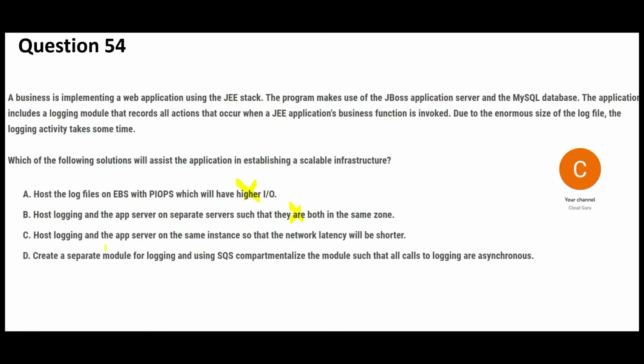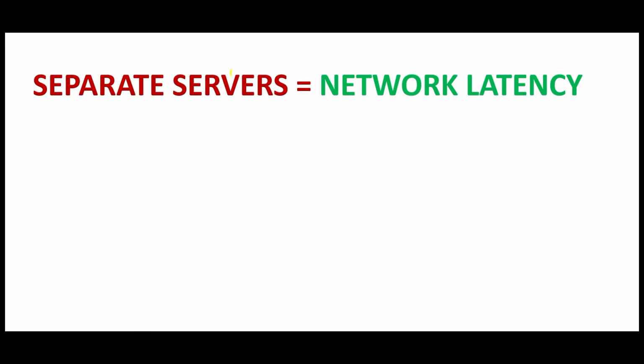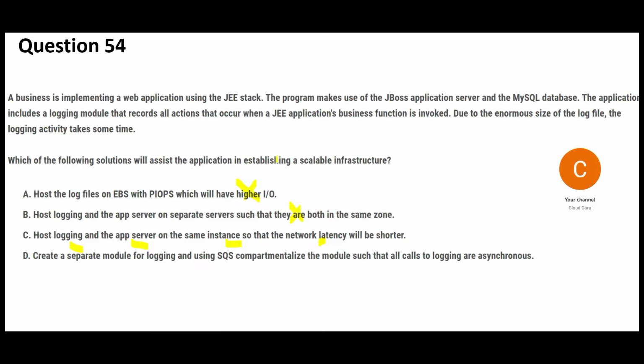Now it says you put both in the same instance. So network latency is shorter. Earlier we said it will add network latency if we put them on two different servers. Now they have solved it. Will it still work for us? This solution is just like, I will put my courier truck close to the courier plane so that there is no latency.